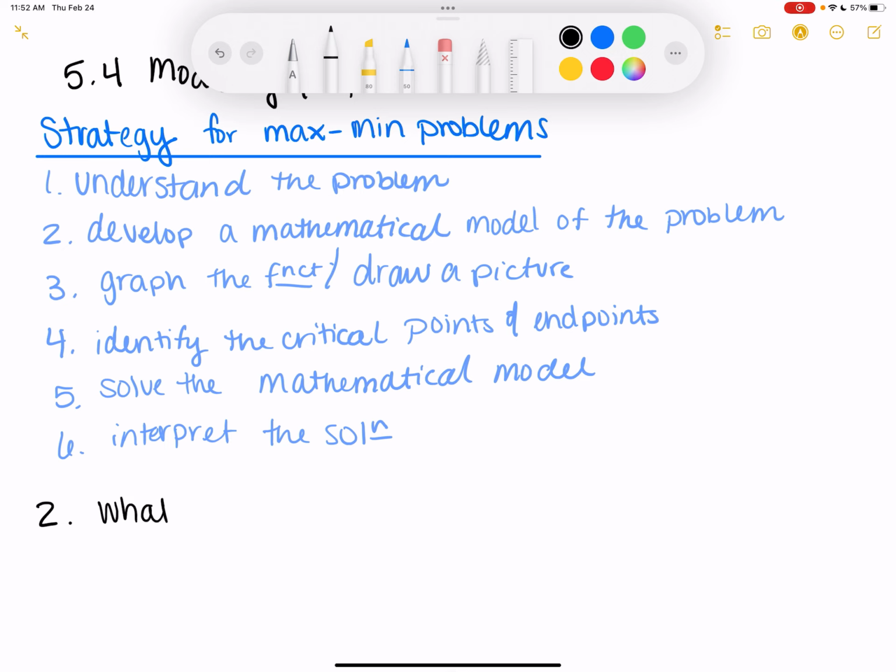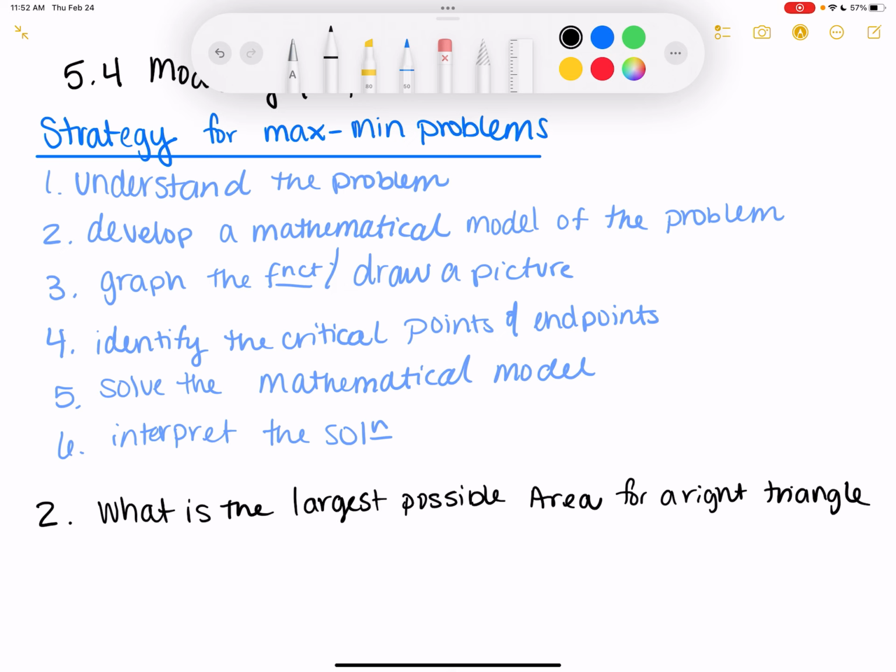It says, what is the largest possible area for a right triangle whose hypotenuse is 5 centimeters long, and what are its dimensions?